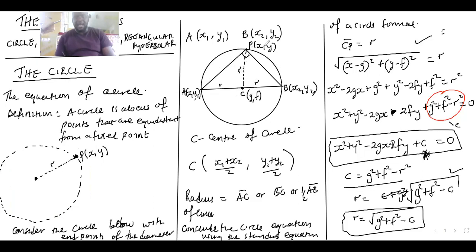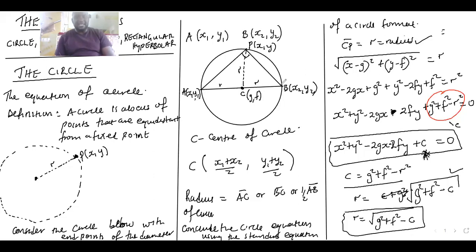Now P being a variable point that moves all over the entire circle, though we had seen that if you consider the diameter at A, you have a coordinate x1, y1, at B, x2, y2. Now if it is any other arbitrary point, any other random point, then P will describe a random point on the circle. So if P describes a random point on the circle, that random point is x, y. But still, because P is on the circle, the distance from the circle to the center is always r. Therefore, CP is equal to r, which is the radius of the circle.